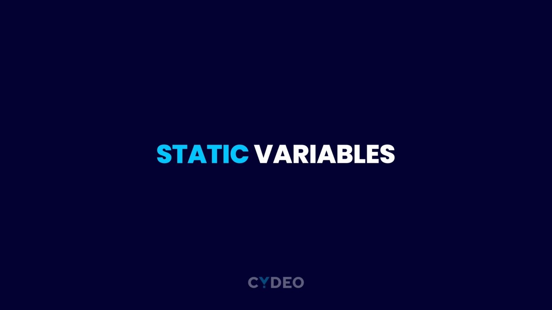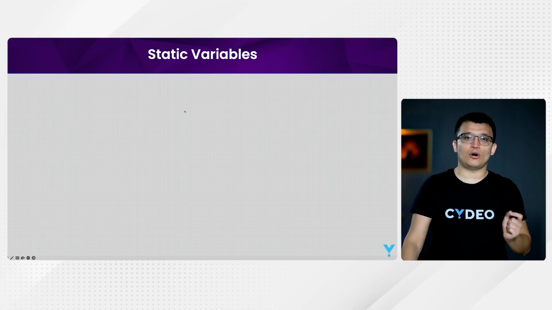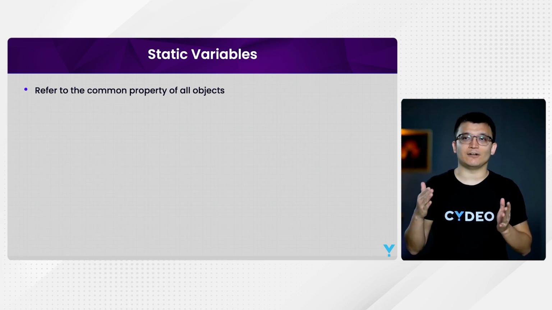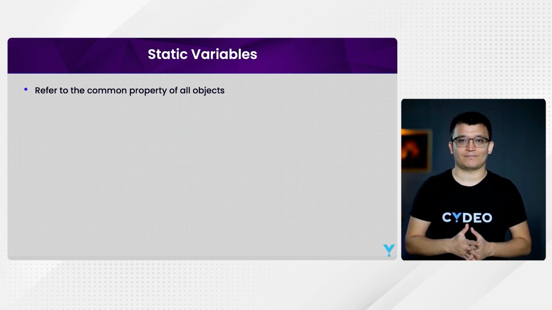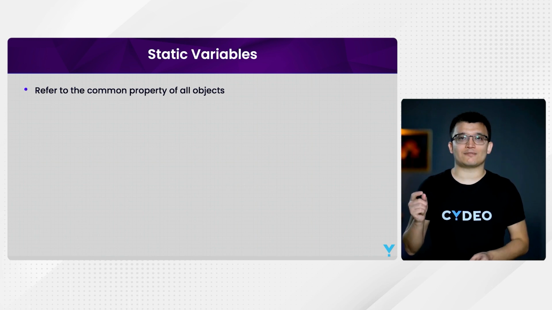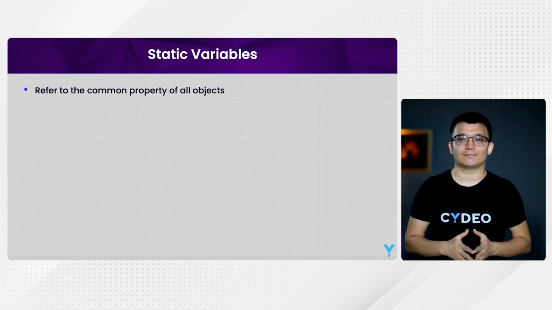We are going to talk about the static variables. When you apply the static keyword to the variables, it indicates that it is the common property of all the objects. If all the objects have some common value for a specific type of field, then the variable can be declared as static.